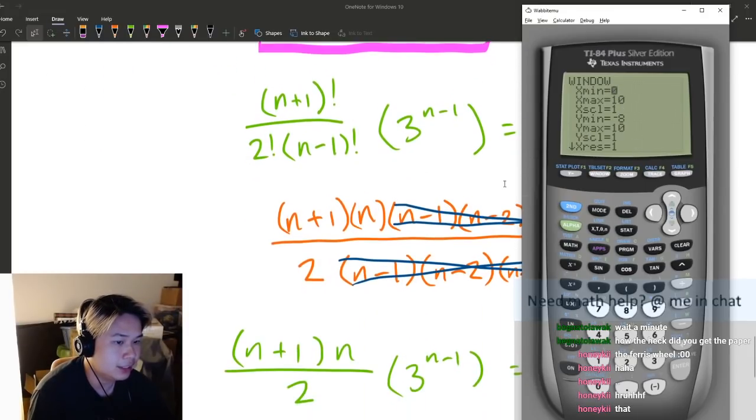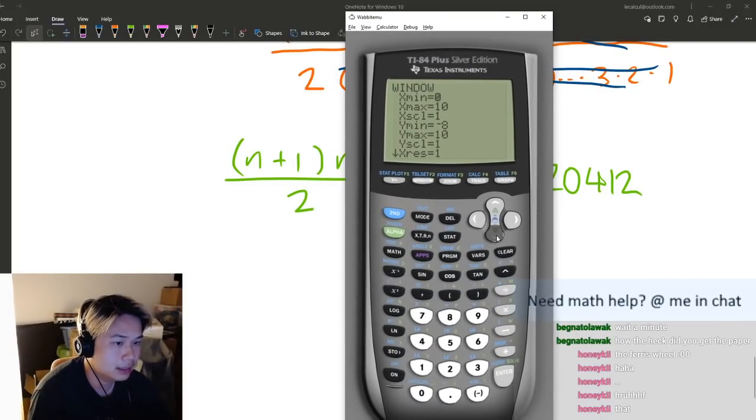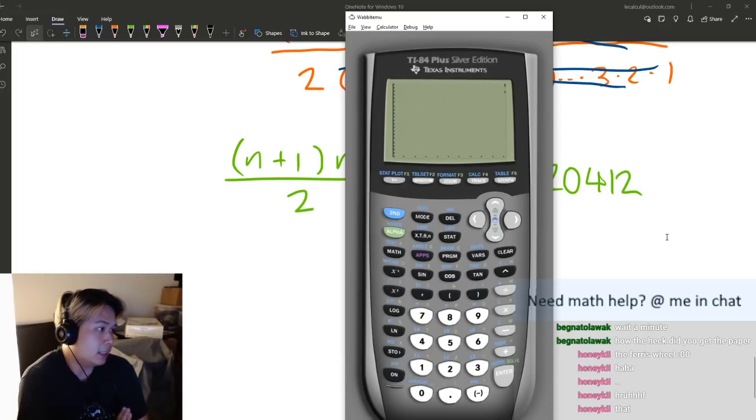And because we already know what y value we're interested in, like 20,000 something, I'm just gonna say a minimum of 2,400, and then a maximum of 20,420. Okay, let's graph this. This might take a while, but your graphing calculator can do it.